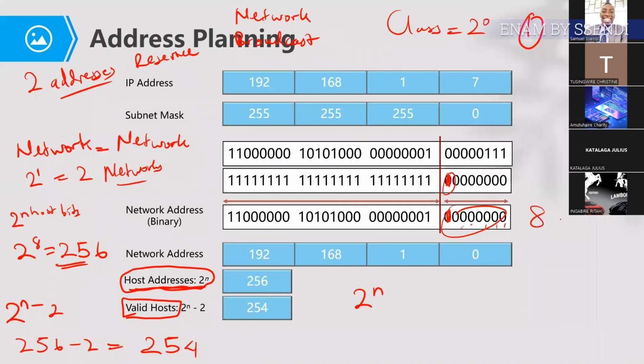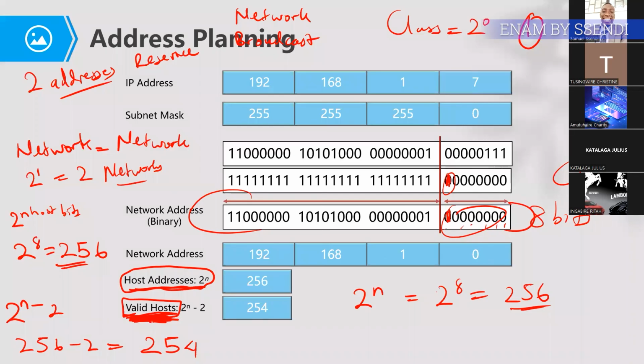Isn't it? 8 bits for host, for class C. And 2 to the power n is just going to give us all the addresses available on this network. Are we together, guys? 2 to the power 8 is equal to 256.